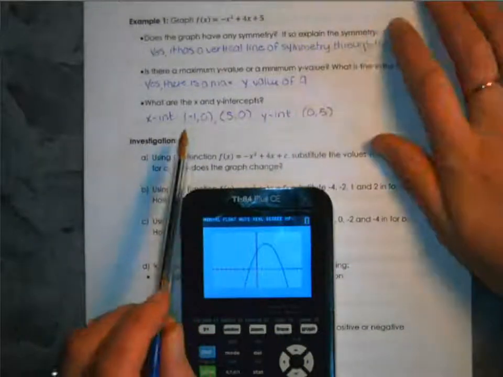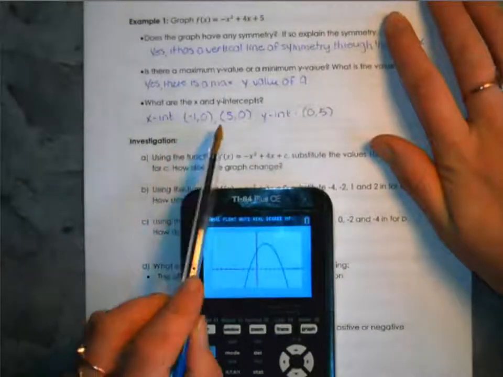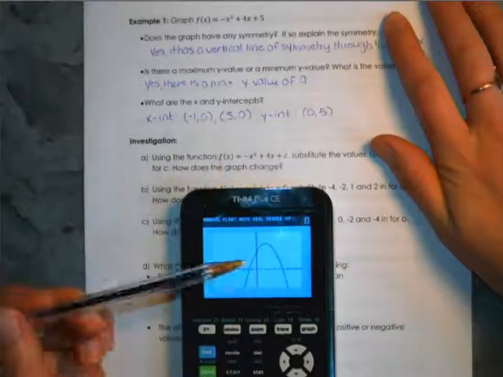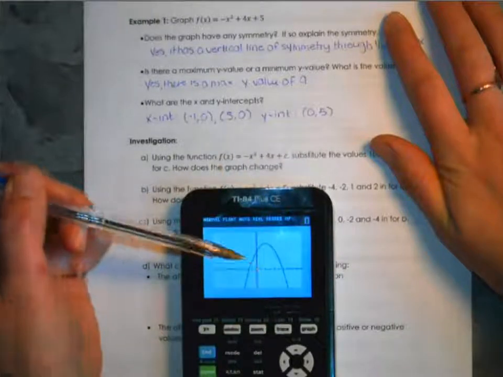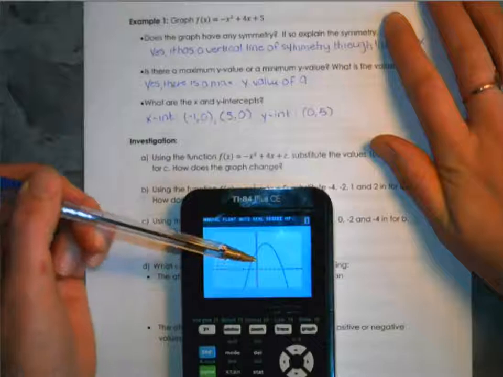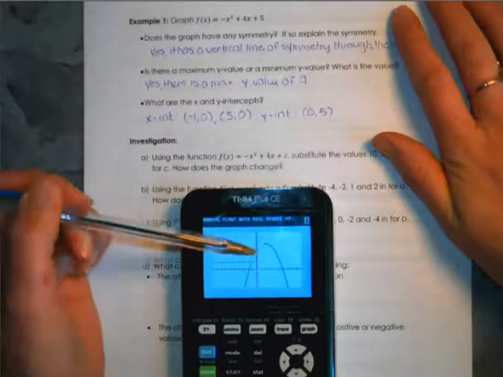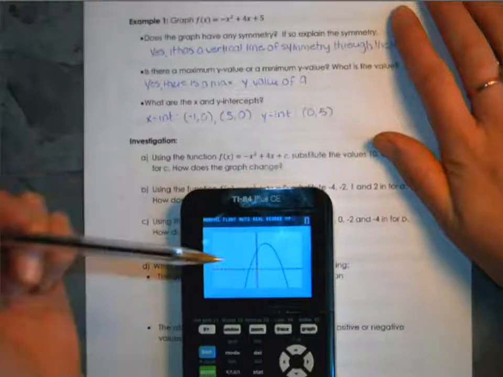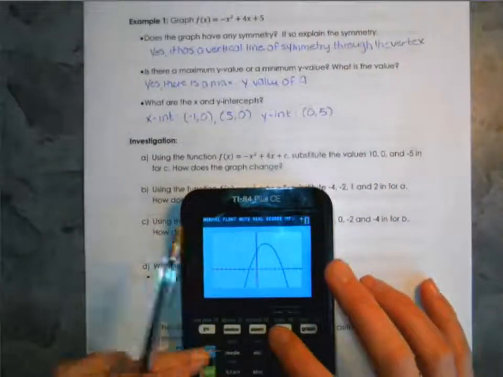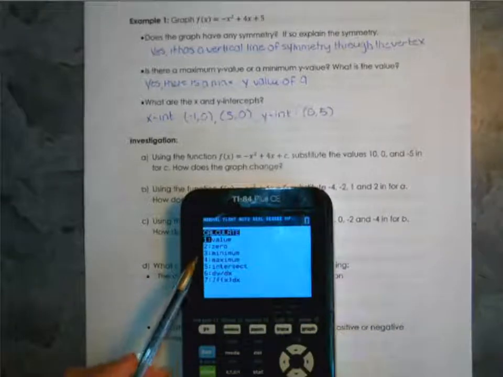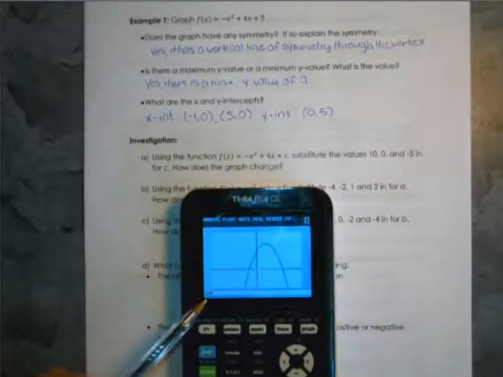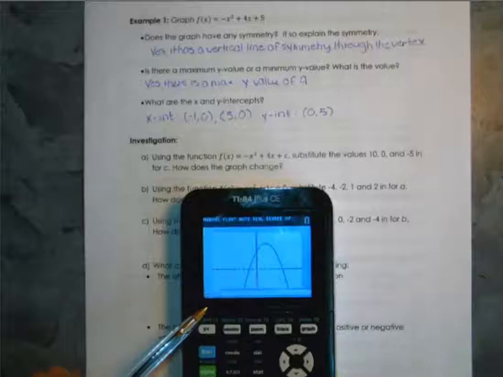Now remember for the last one the y-intercept was at 5, and we needed to change to 20 to even see the graph here, and our maximum value last time was 9. So let's have a look here. If we quickly do a trace for our y-intercept, we can hit value and then x equals 0.